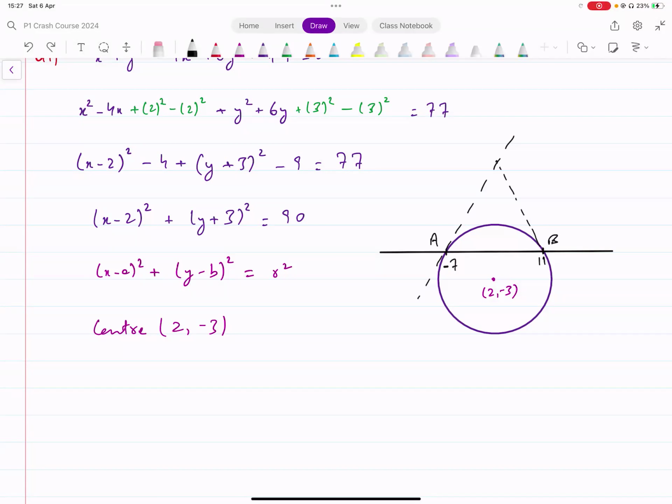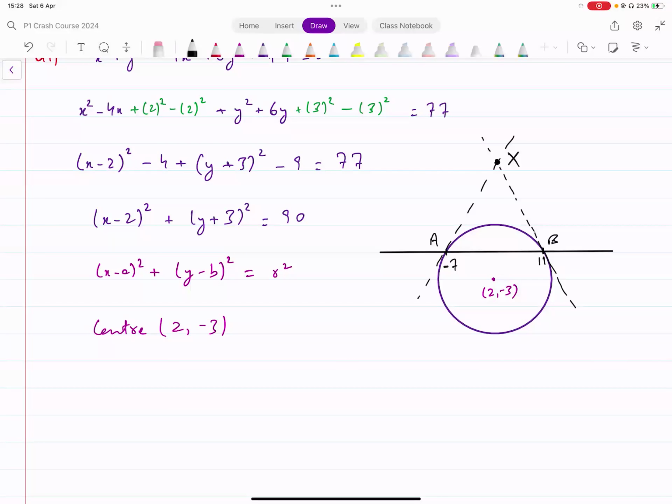This is what the tangents look like. We are looking for the point of intersection of these two tangents. Let's call this point X.